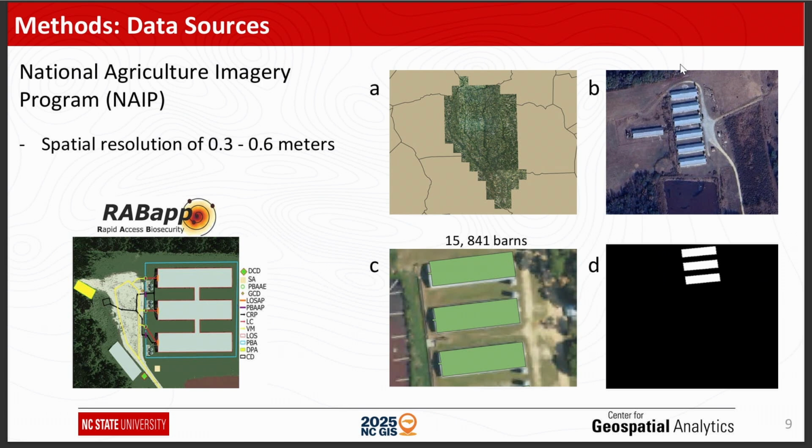And then we used polygons of barns from RabApp. The Rapid Access Biosecurity app is an app that we're building in our lab. It provides swine producers and other livestock producers biosecurity information that helps with being prepared for outbreaks and establishing what farms are at risk and potential for outbreaks.